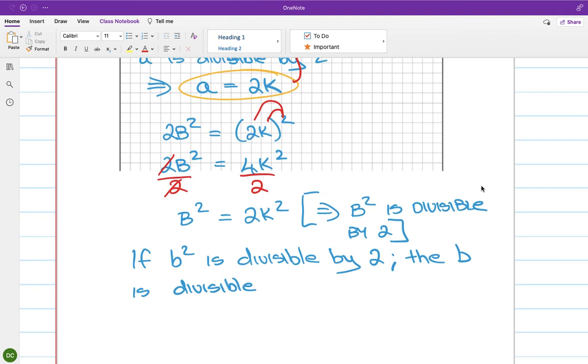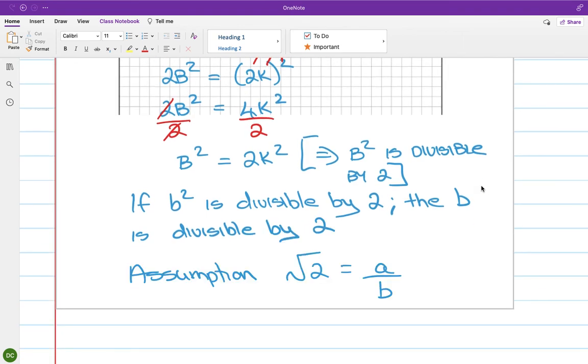So our assumption was that root 2 was rational, which was that it is equal to a over b, and we said a and b had to be integers, and the highest common factor of a and b had to be 1.